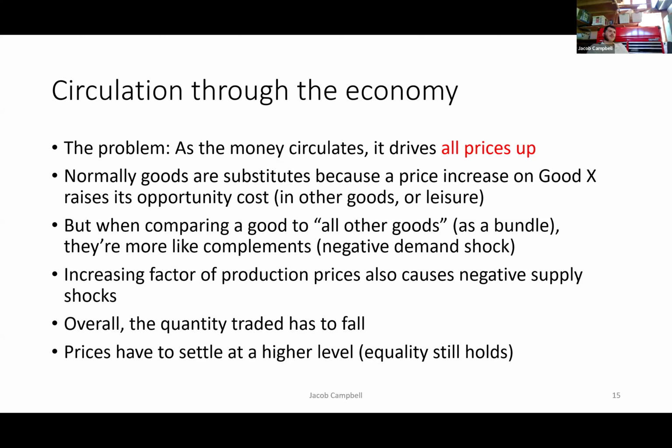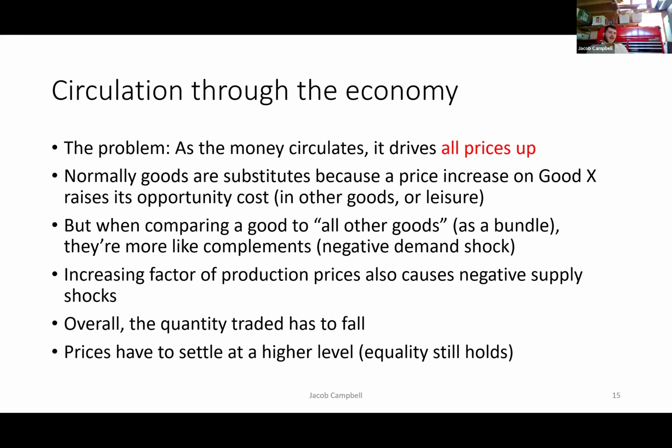And it also has an impact on supply. Increasing factor of production prices is going to cause negative supply shocks too. And so if we're having negative shocks, then the quantity traded has to fall. The economy has to return to its old size.